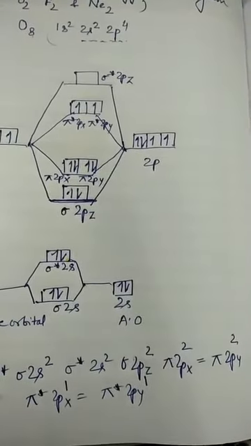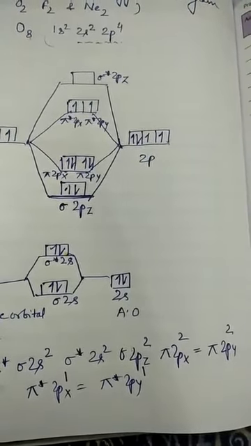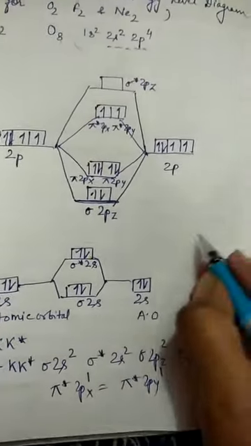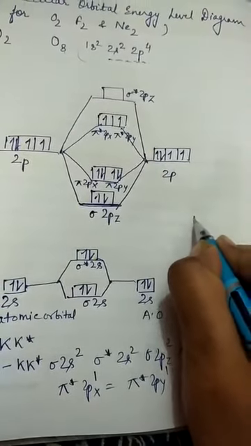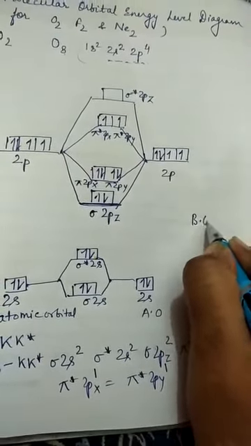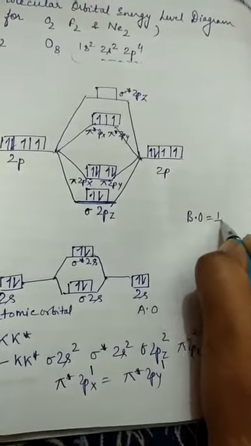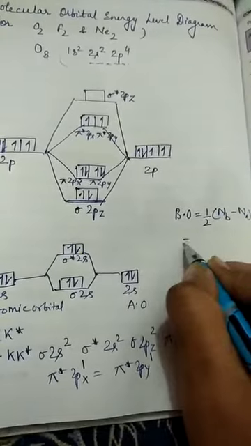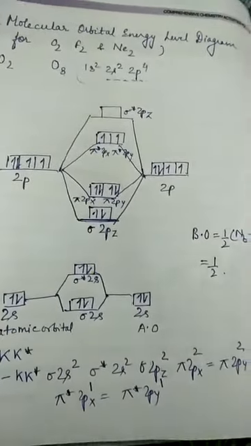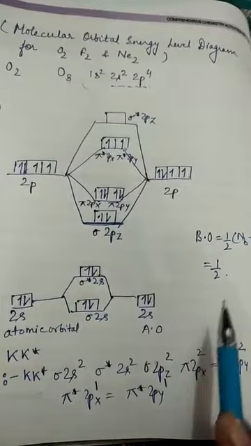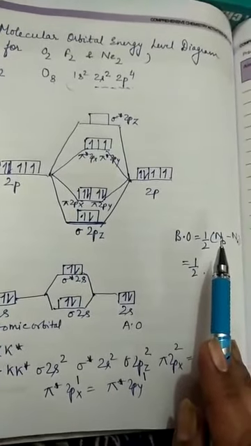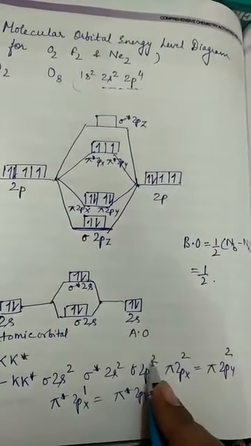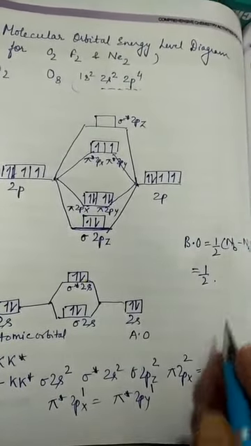Right, now students, from here you can easily find out the bond order of the oxygen molecule. As I told you earlier also, to calculate the bond order, the formula is half Nb minus Na. So students, how many electrons are there in the bonding molecular orbitals? It is 2, 3, 4, 5, 6, 7, 8.